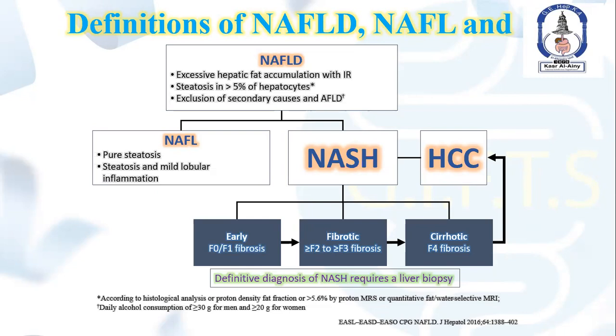That is further subdivided into a spectrum of fatty liver only, which is only steatosis without inflammation or with mild inflammation, and non-alcoholic steatohepatitis, and from the word hepatitis, it means that there is inflammation. And the inflammation, similarly to any hepatitis, will go through the stages of fibrosis, from early fibrosis, which is F0 to F1, to fibrotic stage, which is F2 or F3, to the complete cirrhotic form, which is F4, and they can even turn into hepatocellular carcinoma at any stage.